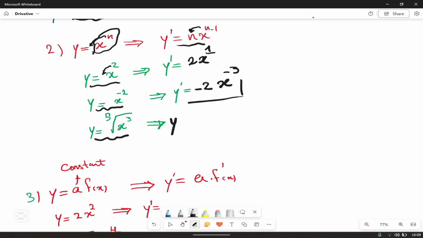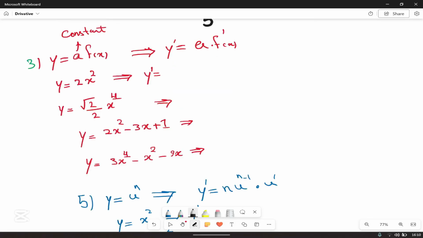At first I write it like this, 3 over 5, and after that I start the derivative. Therefore our derivative is 3 over 5 x power 3 over 5 minus 1, which is minus 2 over 5. But the third property: if you have a function that has a coefficient, at first you calculate the derivative of the function and after that multiply by the coefficient.